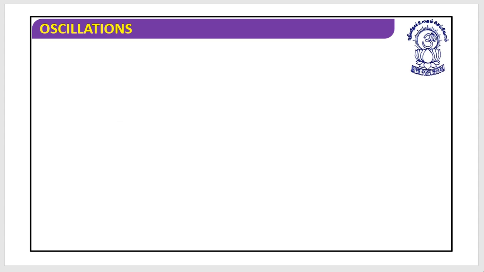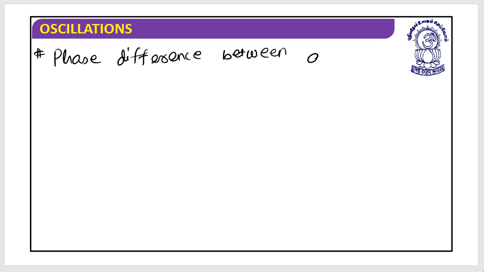So if I make a summary, the phase difference between displacement and velocity is pi by 2.